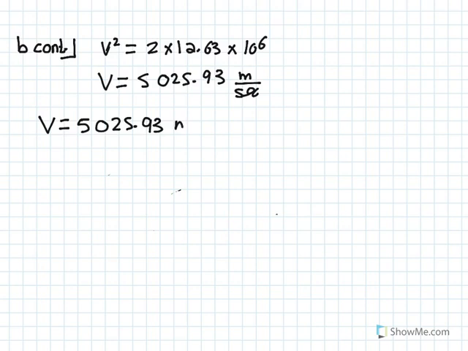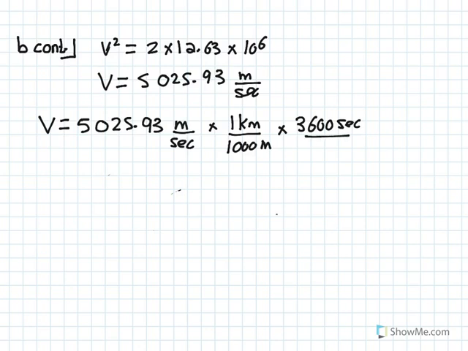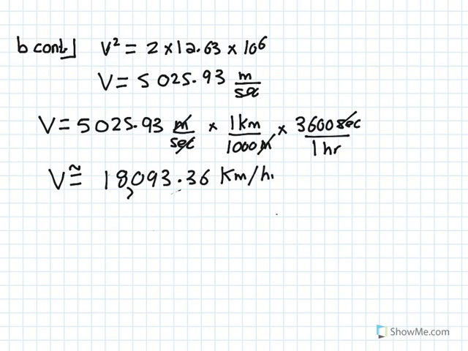5,025.93 meters per second times 1 kilometer, there are 1,000 meters in a kilometer, divided by 1,000 meters, times 3,600 seconds in 1 hour, and we cancel things out. Meter cancels with meter, second cancels with second. If we simplify this, the velocity comes out to be approximately 18,093.36 kilometers per hour.